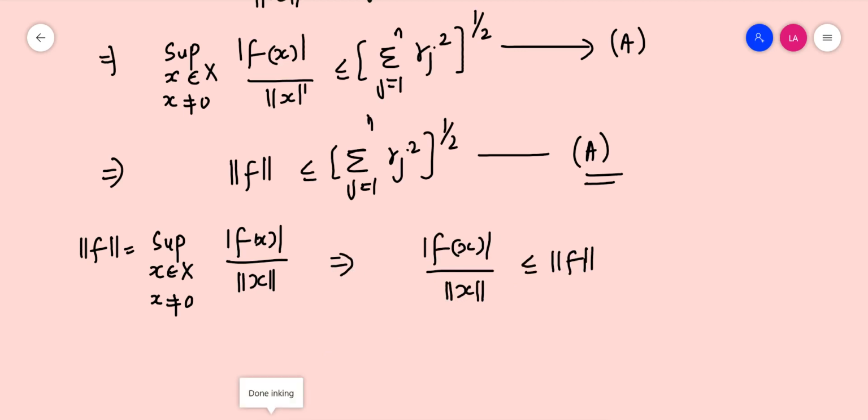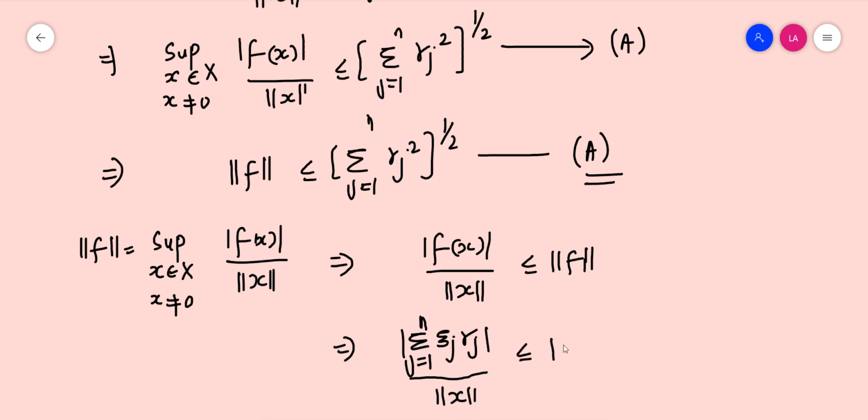Now we have already defined f of x to be summation j equal to 1 to n theta j gamma j. So we substitute that value: modulus of summation j equal to 1 to n theta j times gamma j, by norm x, should be less than or equal to norm f for all x element of Rn.